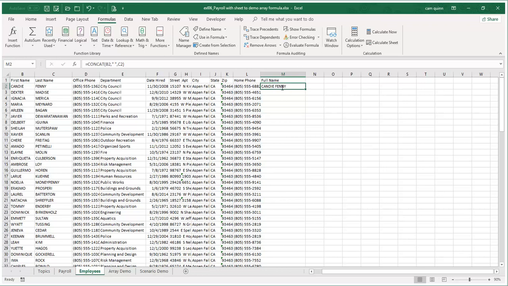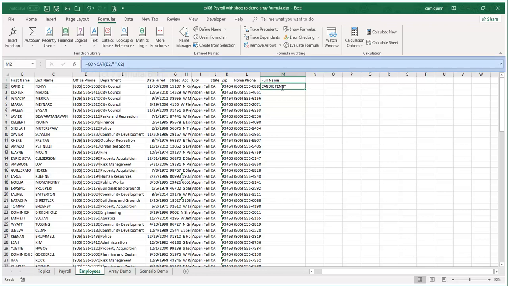Now what I also want to do is have that in proper notation. Proper notation is a capital on the first letter, lowercase on the next, capital on each word. To do that, I am going to create what is called a nested function, which is a function inside a function.